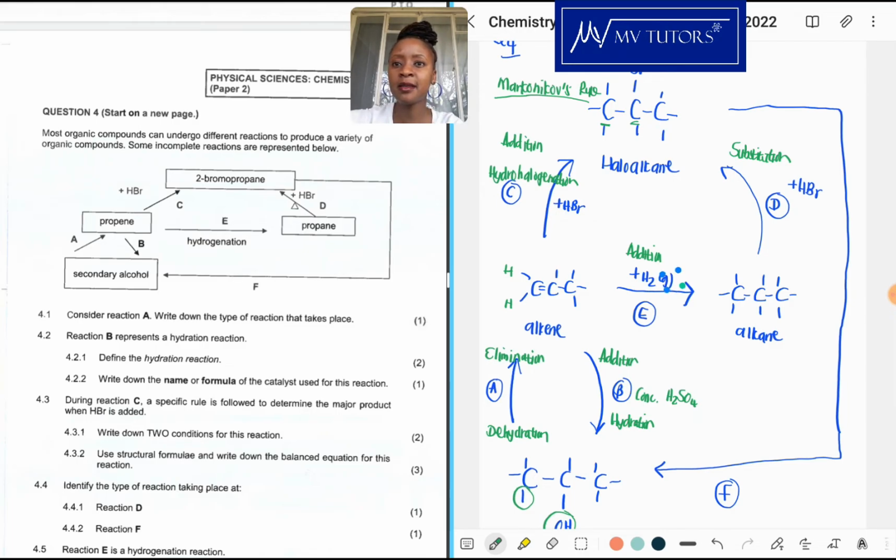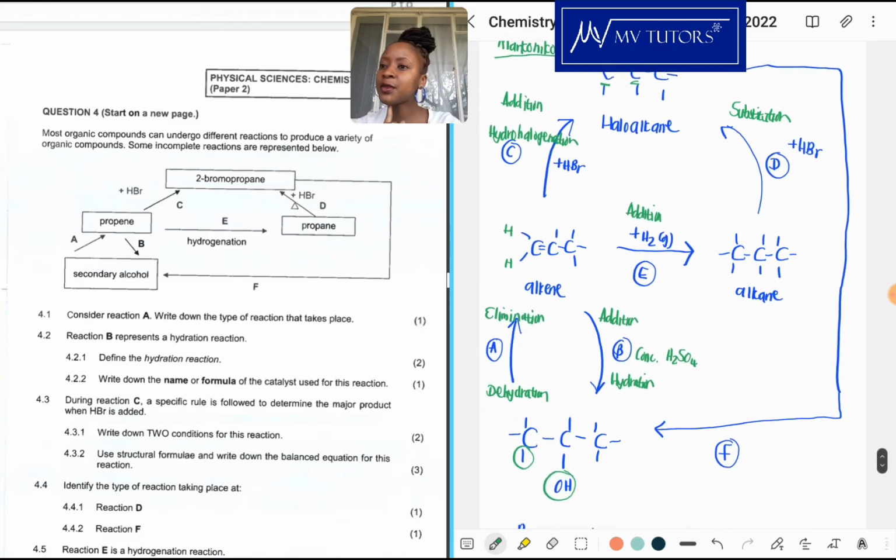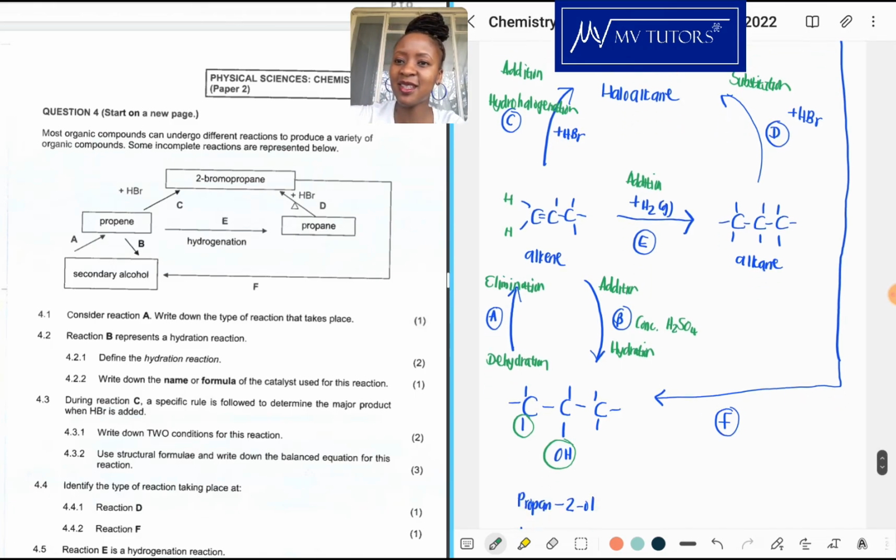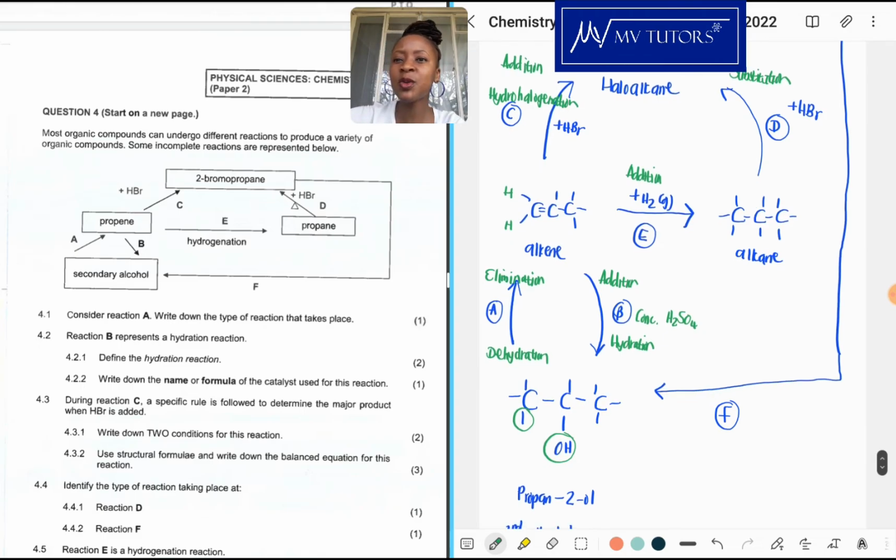What am I missing? So for F, for this addition reaction, I think you might need heat or something. Yeah, so for the addition of hydrogen you're going to need heat to have that work out, and also a catalyst called platinum.